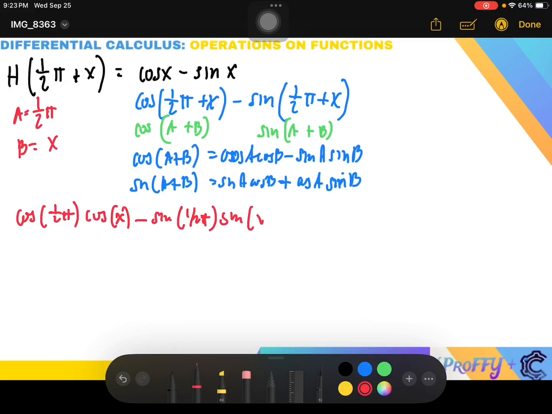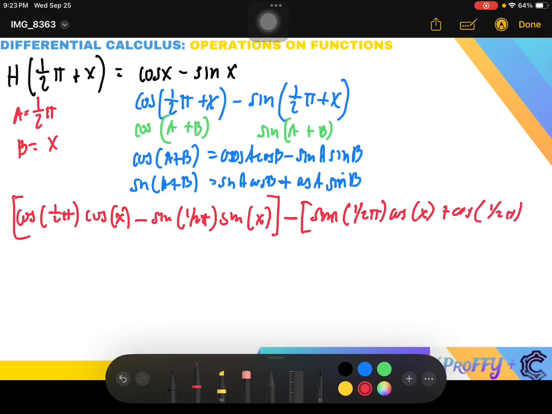And sine of b, which is x, minus, this is the minus in the middle. Then a bracket on each side, which is sine, and here we use the formula: the sine of a, with the value of a, and cosine of x, plus the cosine of 1 half pi, and sine of b, which is x.